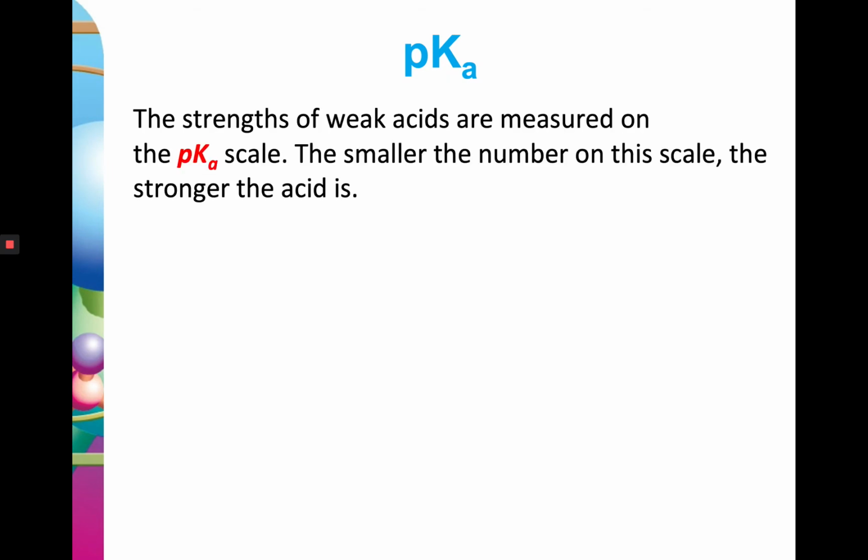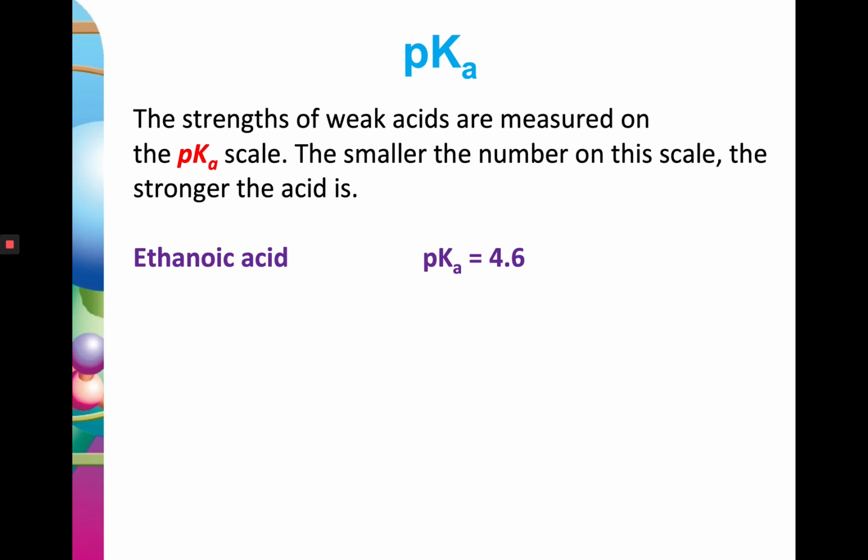Another way that we can look at it is we can take the minus log of Ka, so that would be pKa. So we can also measure the strength of weak acids on a pKa scale. It's probably easier because we've got much more manageable numbers. But because it's a minus log, just like with pH, the lower the number, the stronger the acid. The smaller the number on a pKa scale, the stronger the acid is. So we're going to compare ethanoic acid with ethanol.